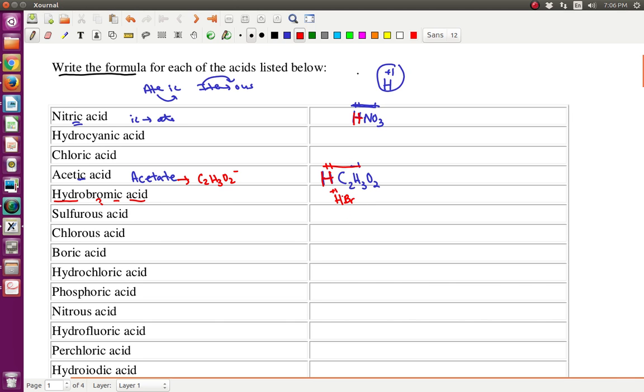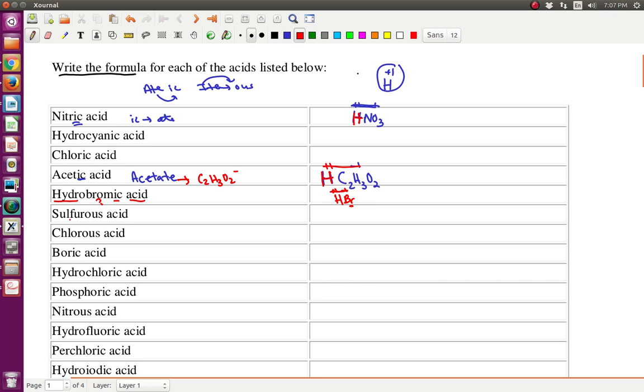Hydrogen has a +1 charge and bromine has a -1 charge. So what's the difference between this ic acid and acetic acid? This one doesn't say hydroacetic, it just says acetic. That's the pattern: hydro-something-ic acid.